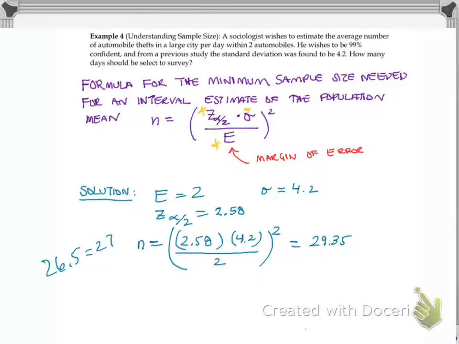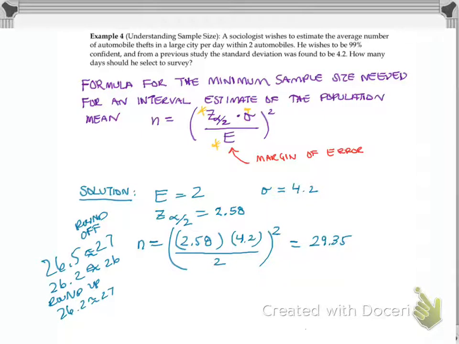So 26.5, if you round off, you would round it off to 27, or 26.2, you would round that off to 26, right? But if you're rounding up, here's the difference: 26.2 becomes 27.